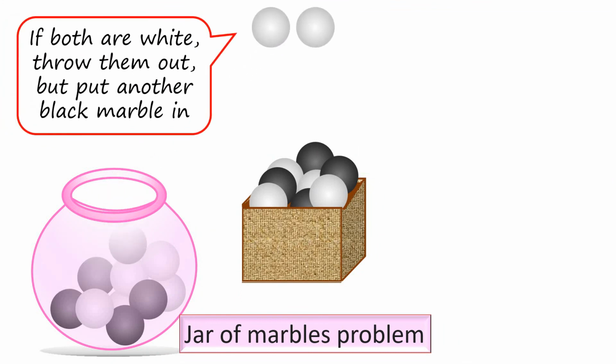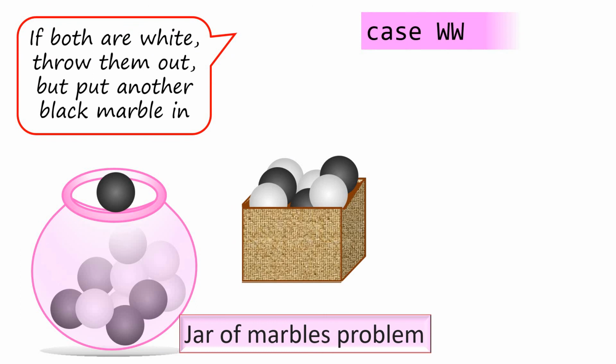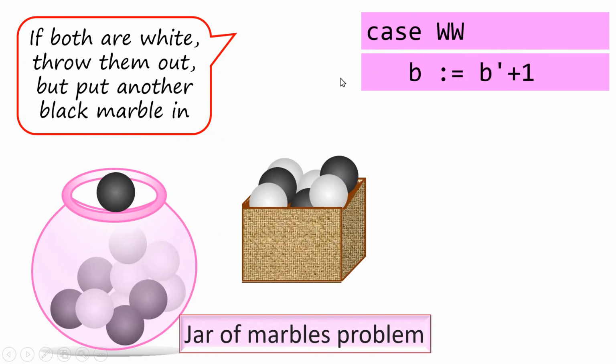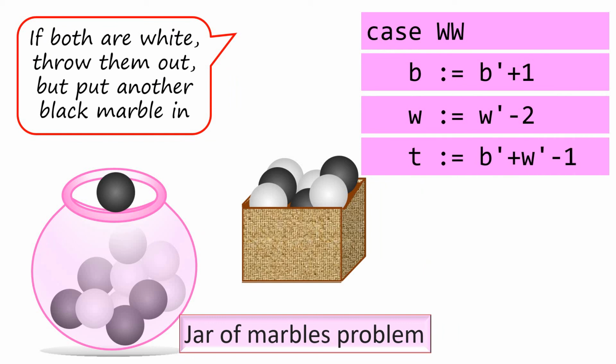If both are white, throw them out, but put another black marble in. This is case WW. I have thrown out 2 white marbles and I have put 1 extra black marble inside the jar. So B increases by 1 and W decreases by 2. And the total is equal to B' + W' - 1.